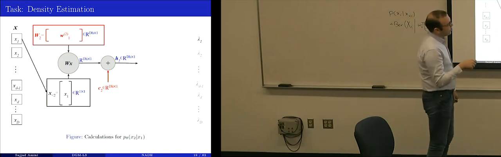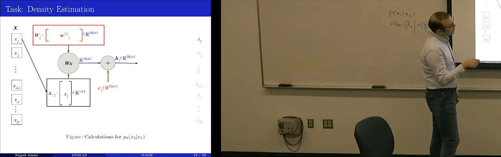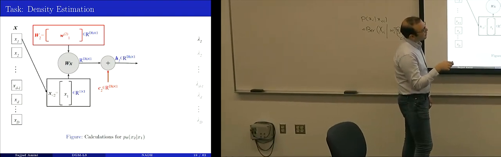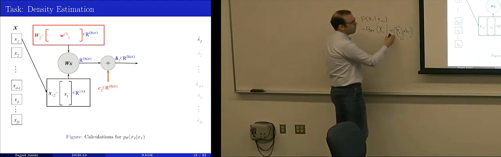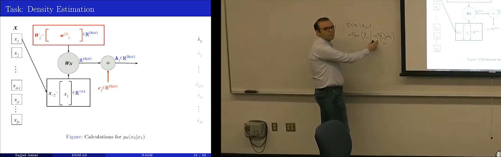The c2 is again a new parameter which I added for my hidden representation. dh times 1 plus dh times 1 generates a new dh times 1 vector. And this h2 is what I feed in to calculate the parameter for the Bernoulli distribution.